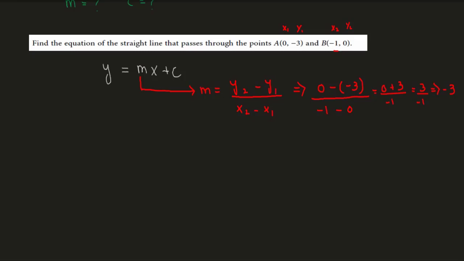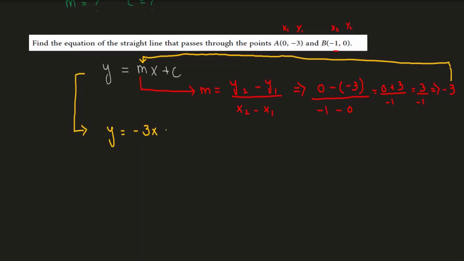Now I am going to plug this -3 right back into the equation. So my equation is now y equals -3x plus c. Now I need to find the value for c.